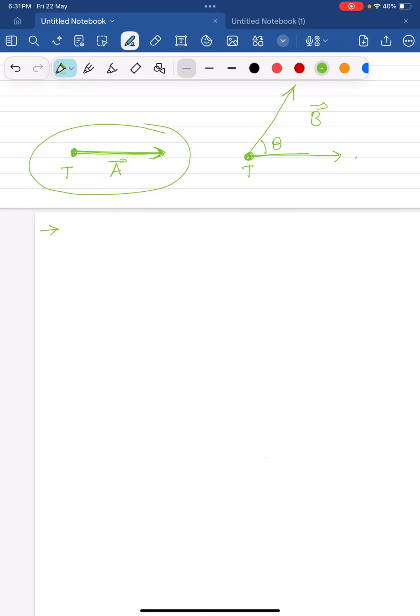Magnitude and direction should remain the same. If the tails of both vectors A and B are at the same point, then two angles will form between them, this angle and this angle. This angle is smaller than this angle, so the smaller angle will represent the angle between the two vectors.